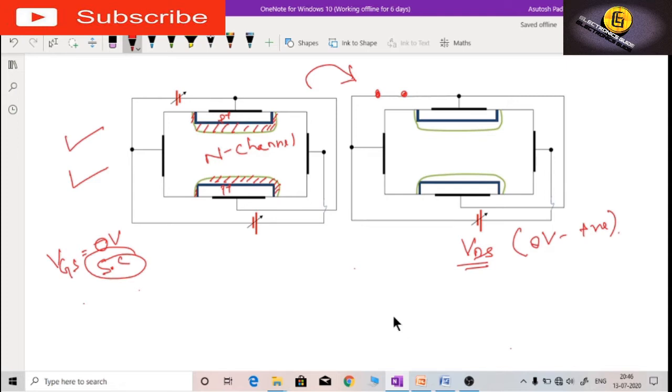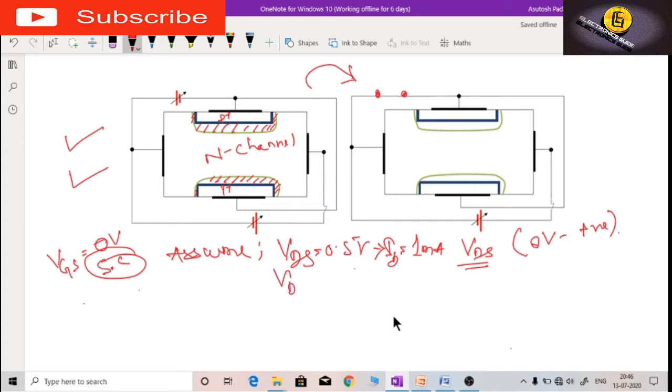As said earlier, if we increase the voltage of VDS from 0 volt to some positive voltage, the channel behaves as a resistor. That is, if we increase the drain voltage, then the drain current also increases. Assume VDS equal to 0.5 volt, then assume that ID equals 1 milliampere.